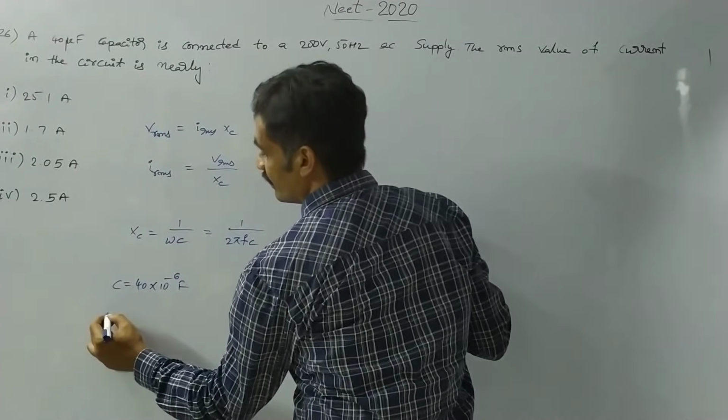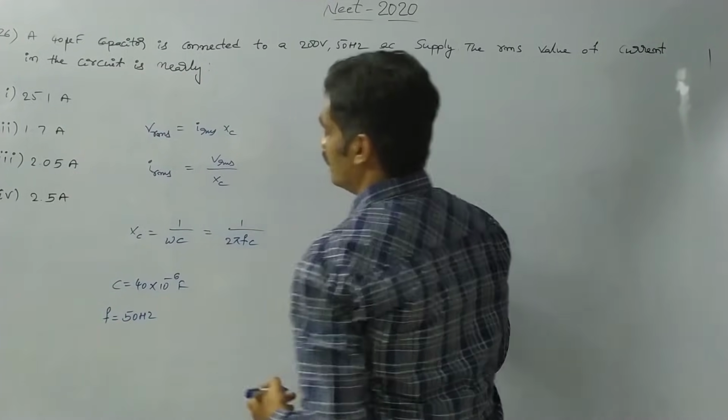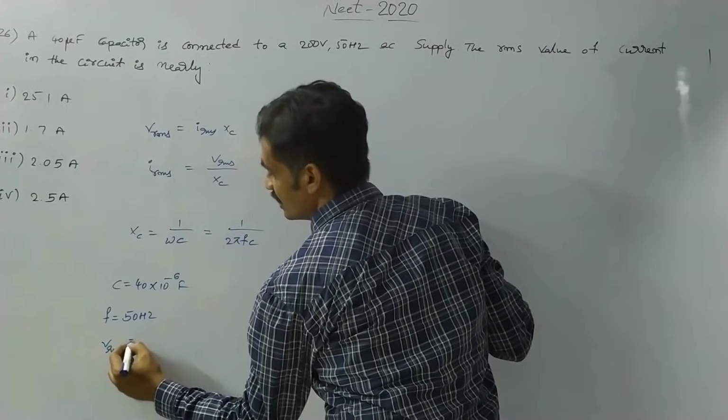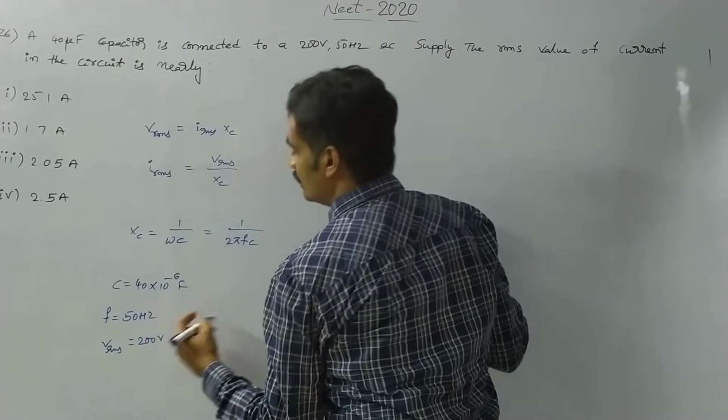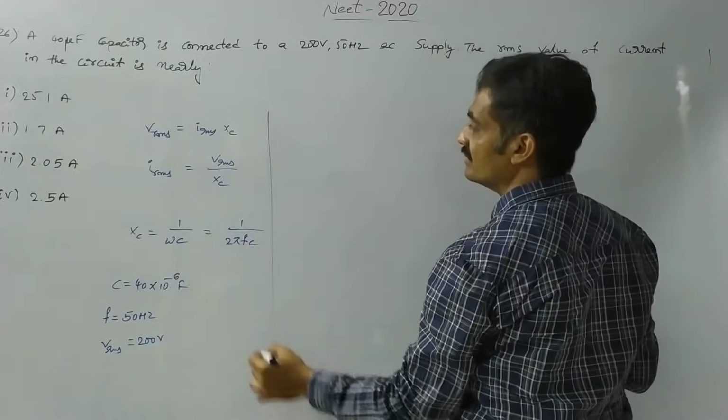The frequency f is 50 Hz, and the RMS voltage is 200 volt. If I substitute all these values, we get the RMS current.